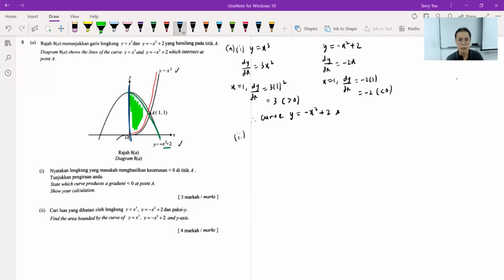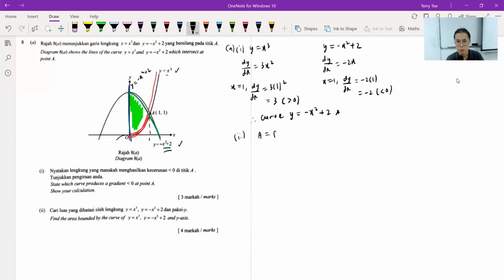We basically take the bigger one minus the smaller one. The bigger one is here, this curve, y equals minus x squared plus 2, is above. The smaller one will be the red line, y equals x cubed. So we basically integrate the big one minus the smaller one from 0 to 1.